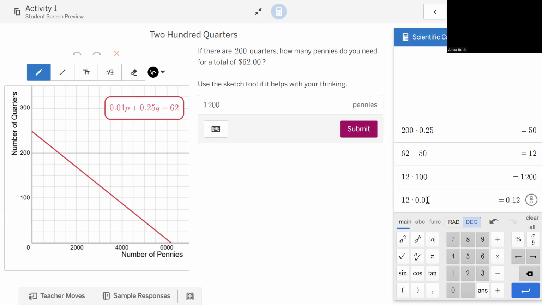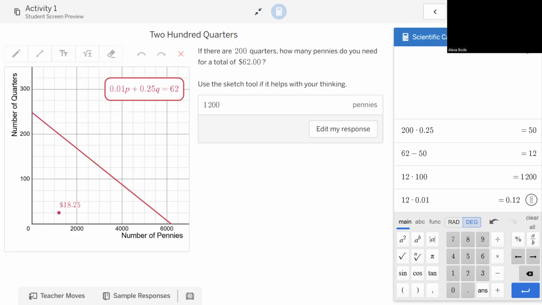So don't just rely on, oh, these are my steps, so here's my answer. Think about what it actually means for the problem. I've noticed on some previous tests and quizzes that some of you just put answers in, and your answers don't make sense for the problem. So think about what it is saying.